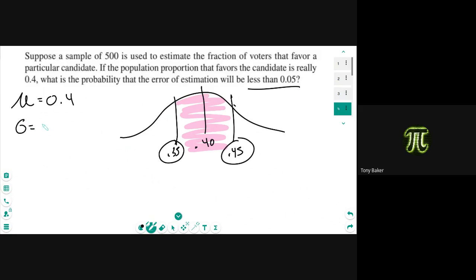My standard deviation is the square root of 0.4 times 1 minus 0.4 over my sample size of 500. So 0.022.